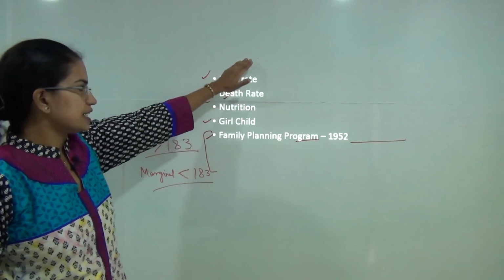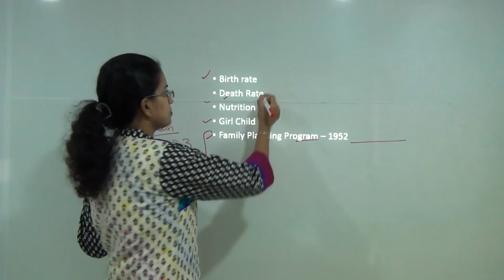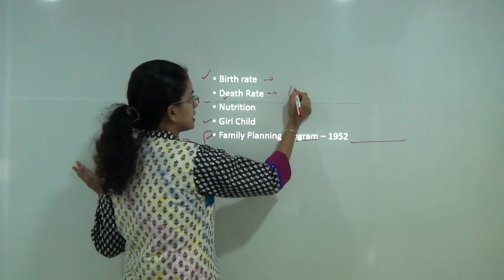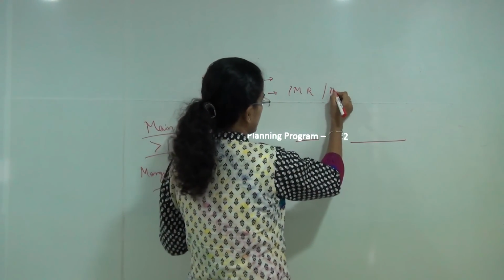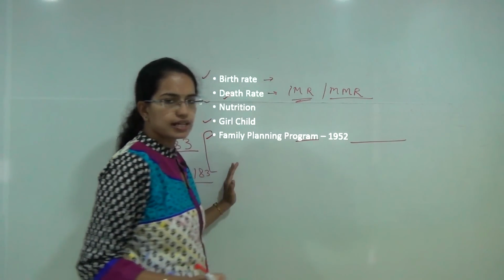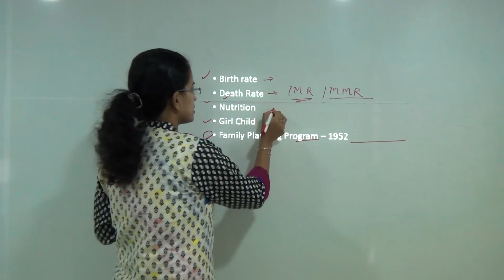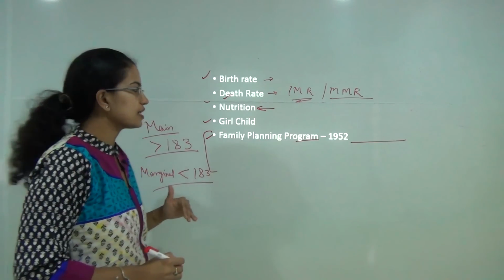Now, as we said, the basic focus of the Indian census is on birth rate. Then you have the death rate, mainly the IMR and the MMR, that is the infant mortality rate and the maternal mortality rate. Then you have the nutritional requirements and nutritional availability.